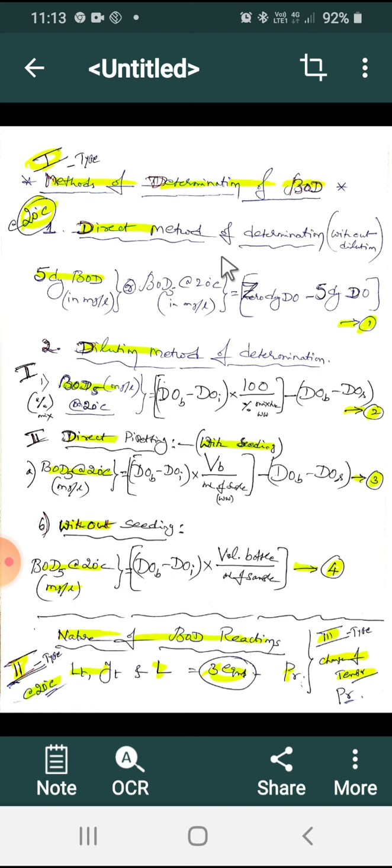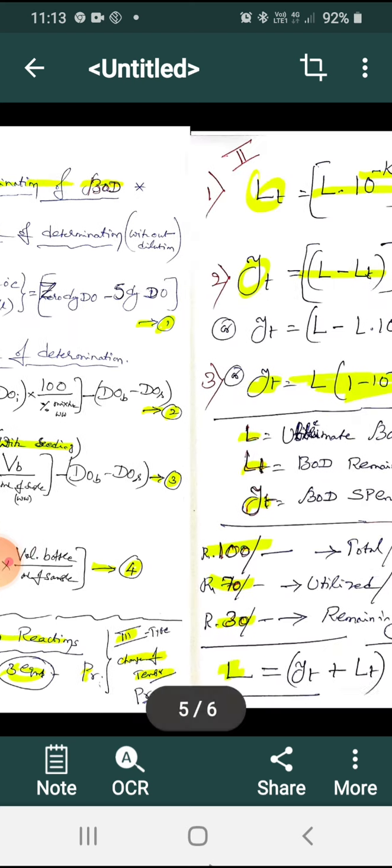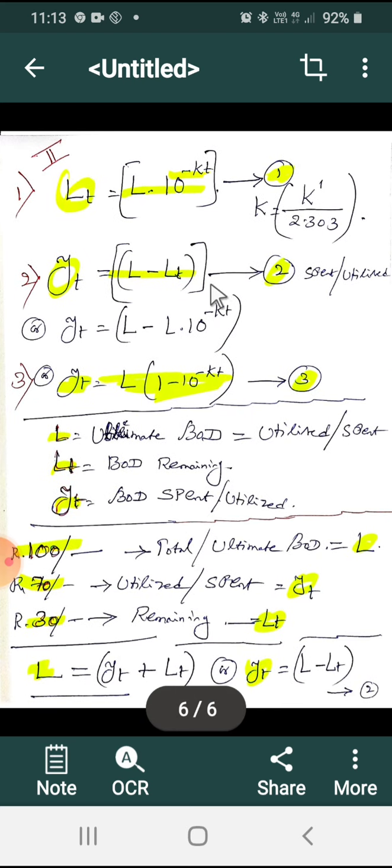In the first type of BOD determination, we have solved 2 to 3 problems on the nature of BOD reactions. To solve the problems, we have to use many equations. Those equations come under the nature of BOD reaction, with 3 parameters: L, LT, and YT.